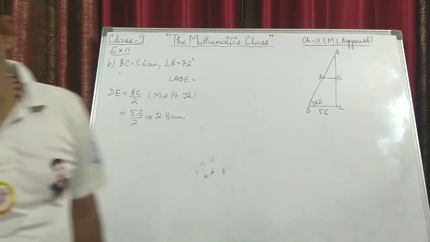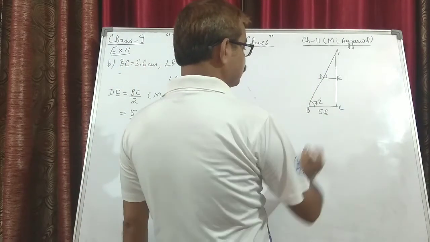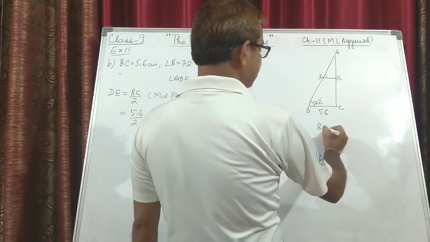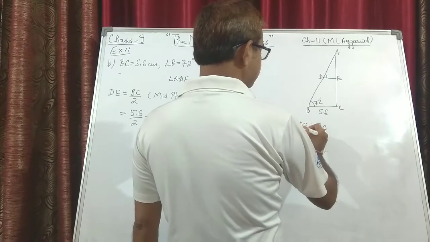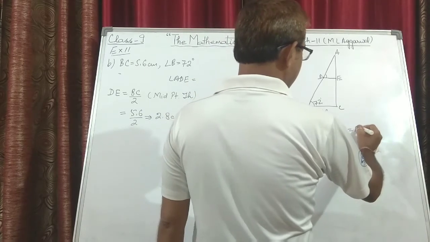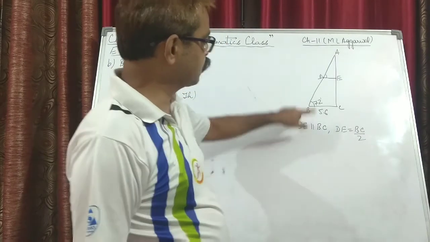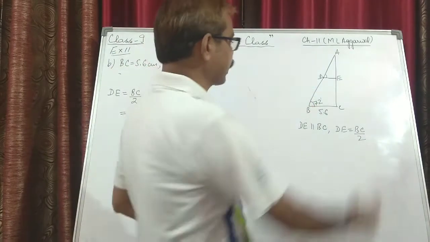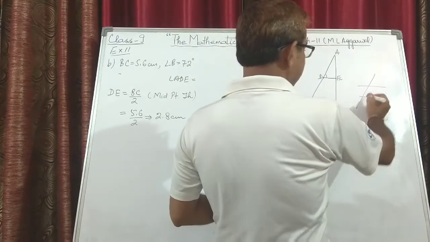Now we have to also find angle ADE. We know that DE is parallel to BC. At the same time, DE is equal to half of BC by the midpoint theorem. When DE is parallel to BC, it means we have two parallel lines and a transversal cutting them.